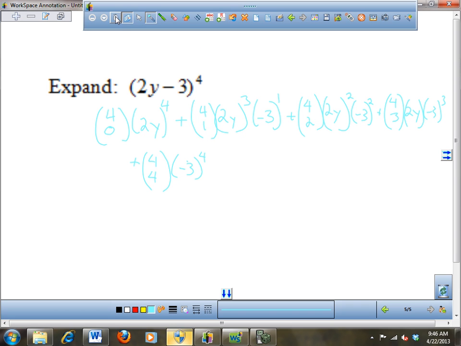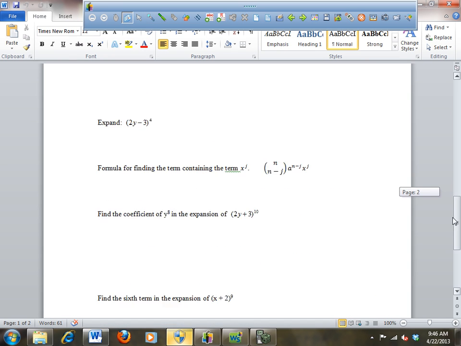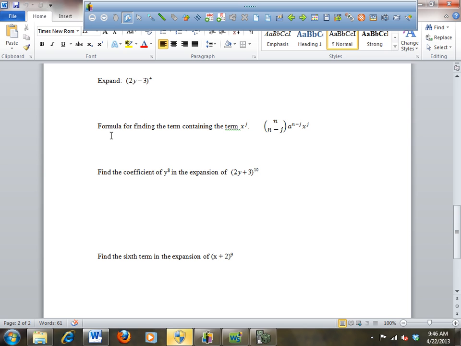Okay, so this really ugly looking formula right here says it's a formula for finding the term containing x to the j. So, for instance, find the coefficient of y to the 8th in the expansion of (2y + 3) to the 10th.